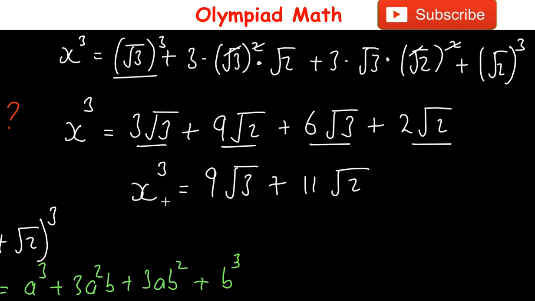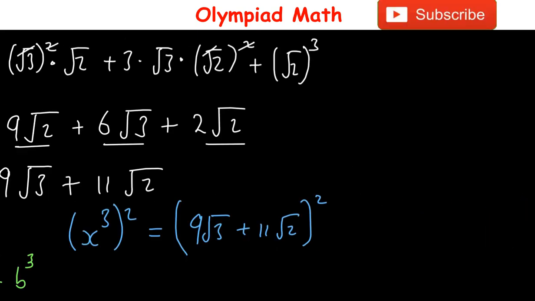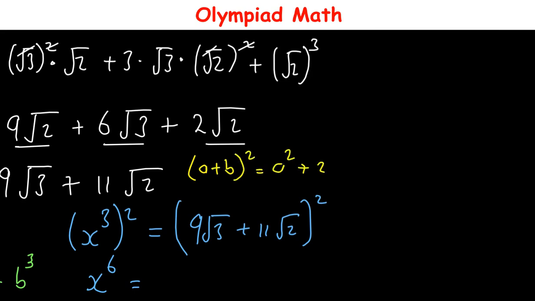Next, we are going to square this equation. So we have in brackets x raised to power 3 all squared. Then this equals in brackets 9 times root 3 plus 11 times root 2 all squared. So x raised to power 3 times 2 is 6, and this equals, making use of the rule that if you have in brackets a plus b all raised to power 2, this equals a squared plus 2ab plus b squared.